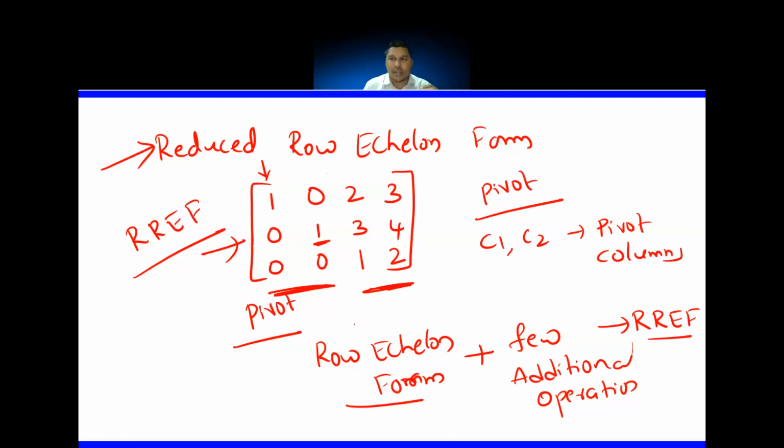So with the Gaussian elimination method, you get row echelon form and the solution. You can further convert into reduced row echelon form and find the solution. What is the difference between row echelon form and reduced row echelon form? Let's take one more example.